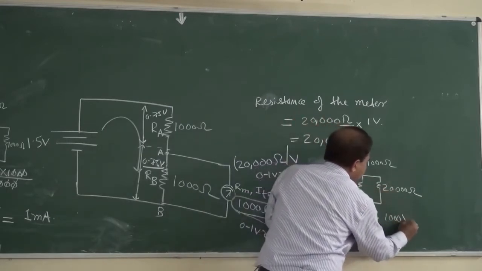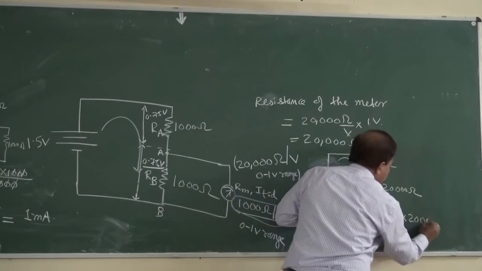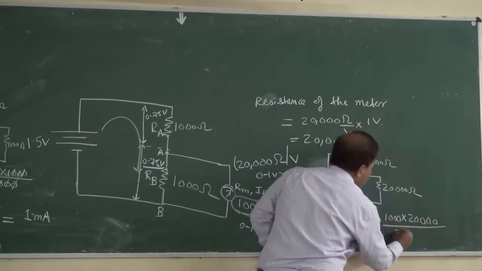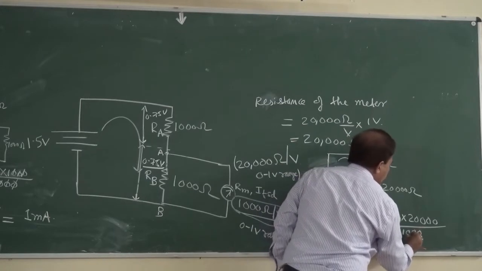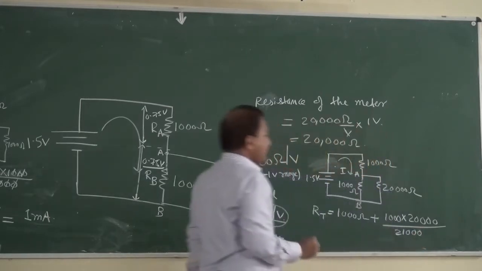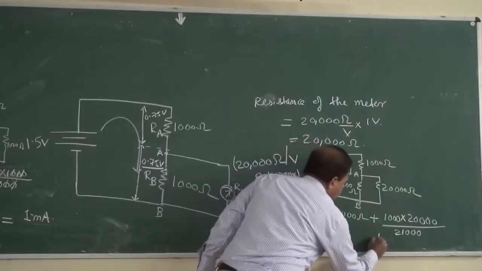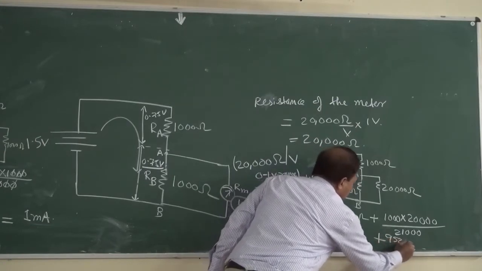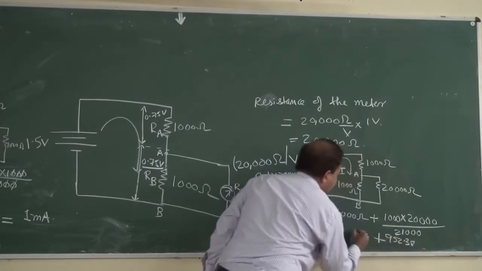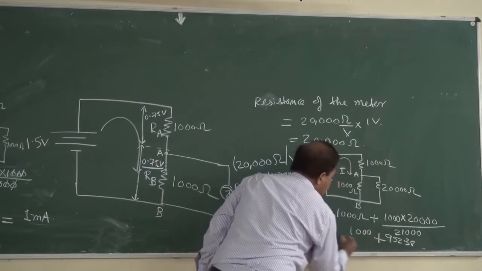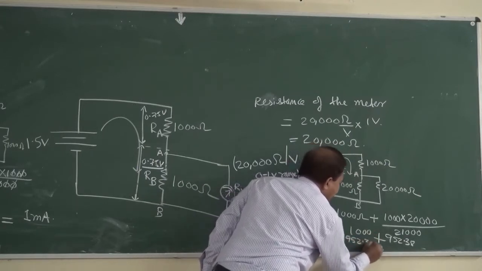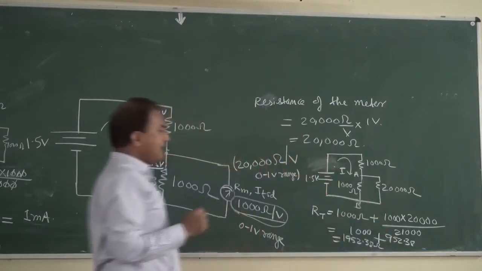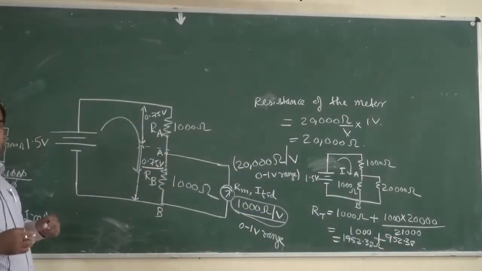So it is equal to 1000 into 20,000 divided by 21,000, which is 952.38, and this is 1000. So it is equal to 1952.38 ohm. This is the R total.